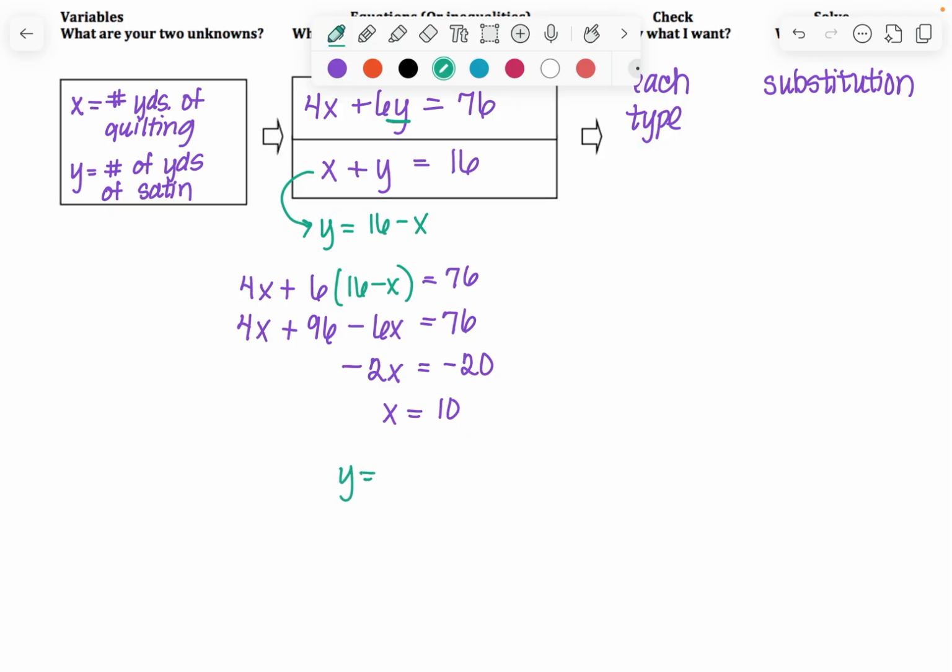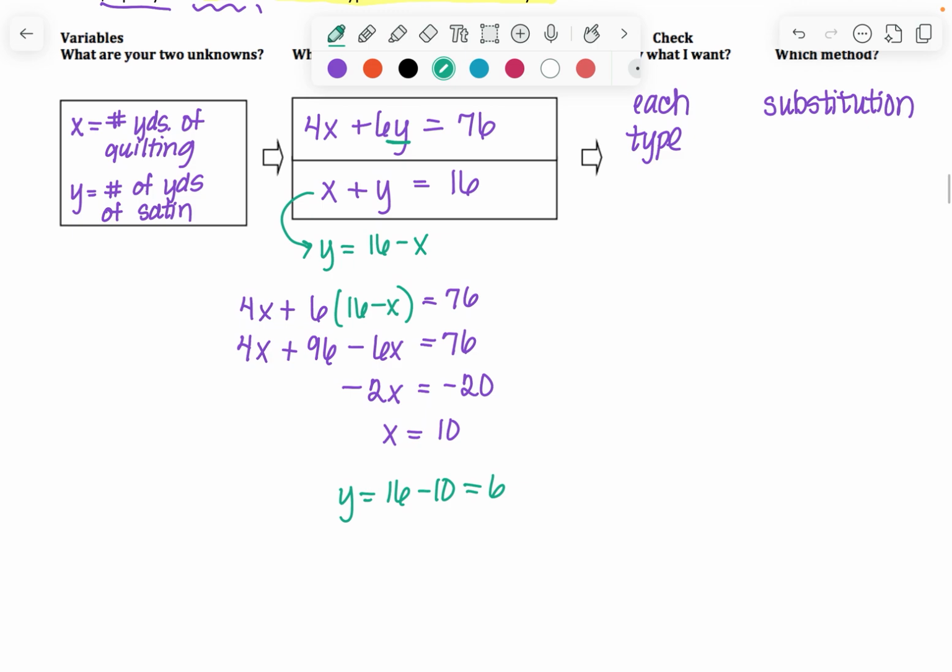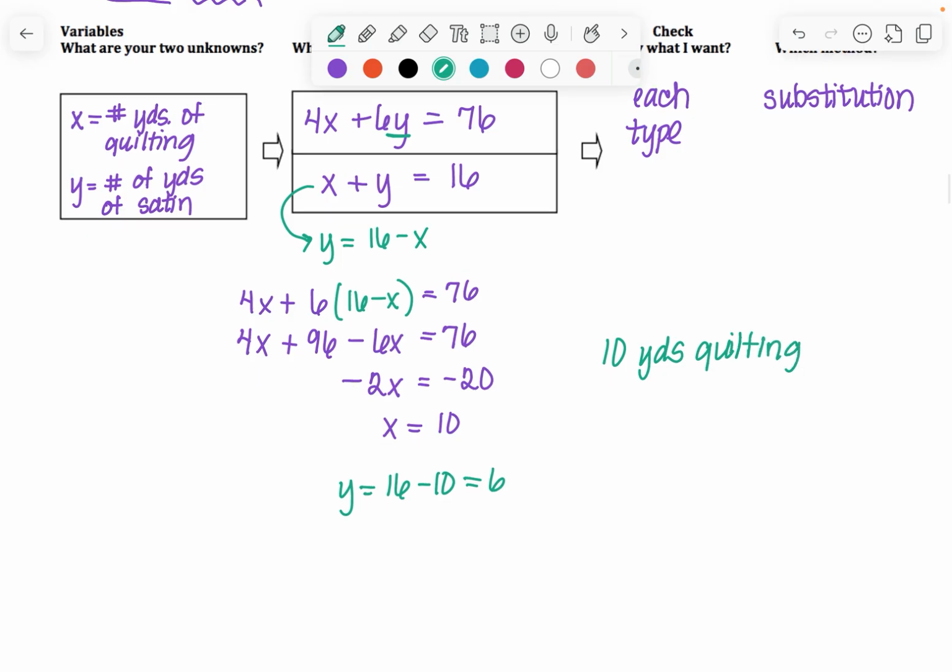So I'm going to plug it into that green equation. 16 minus 10 equals 6. And so now to answer the question, we know that we have 10 yards of the quilting fabric. And we have 6 yards of the satin fabric.